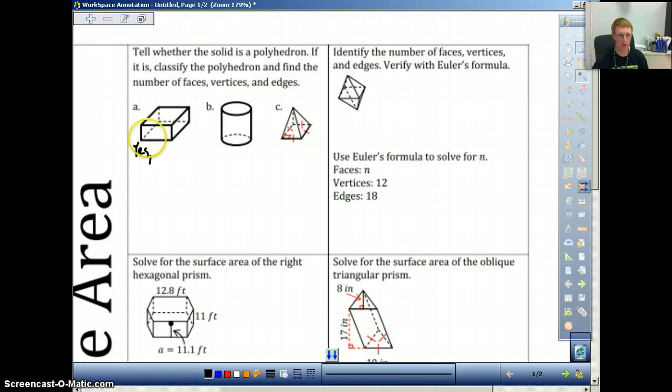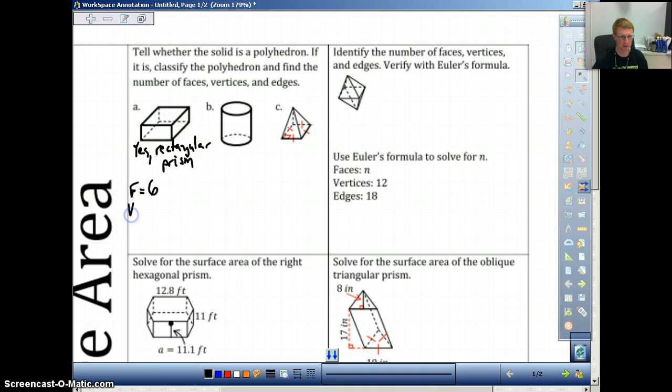Because it is a rectangular base, we're going to call it a rectangular prism. Then it wants us to find the number of faces, vertices, and edges. So again, faces is just going to be the number of sides. So top and bottom, left and right, front and back. That's 6.